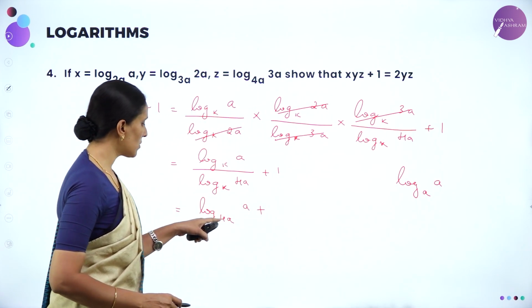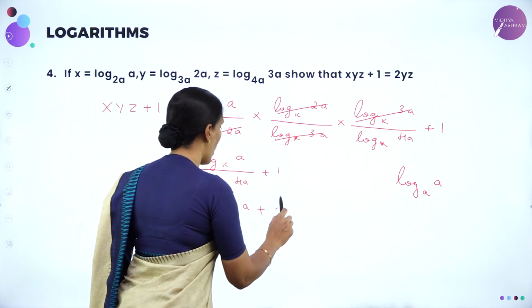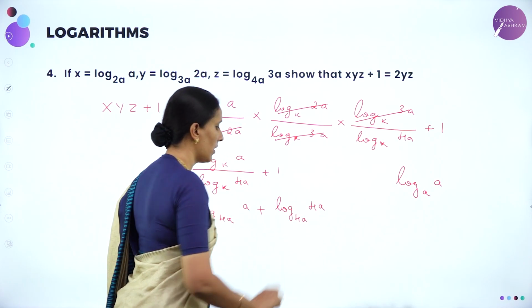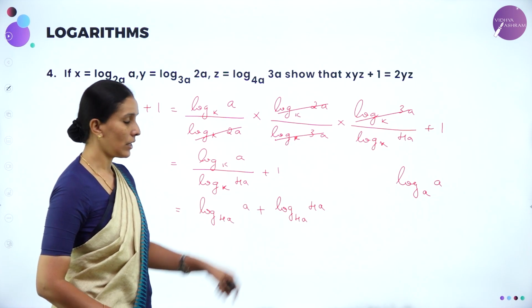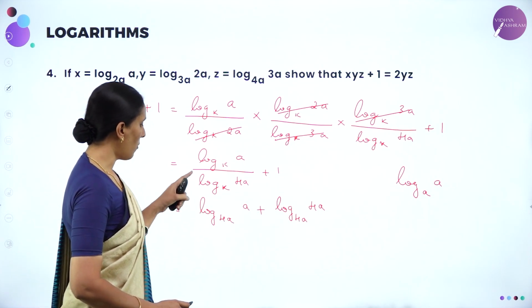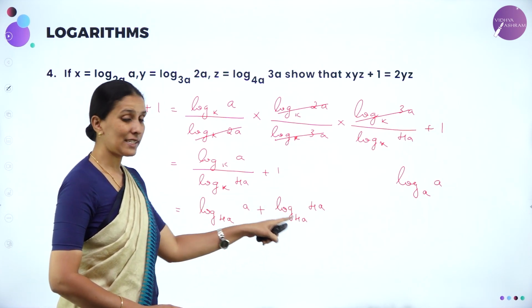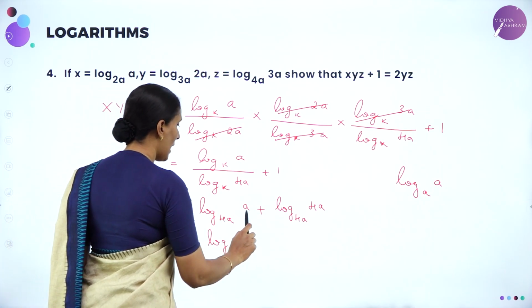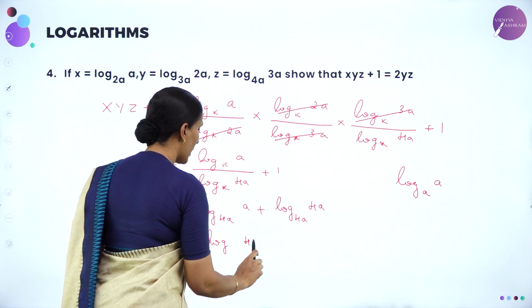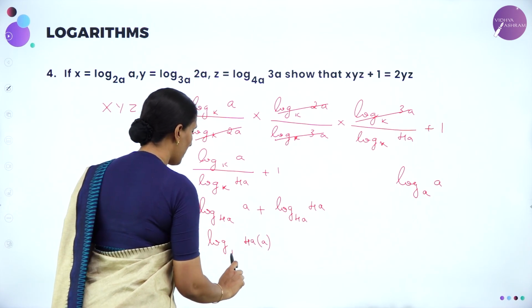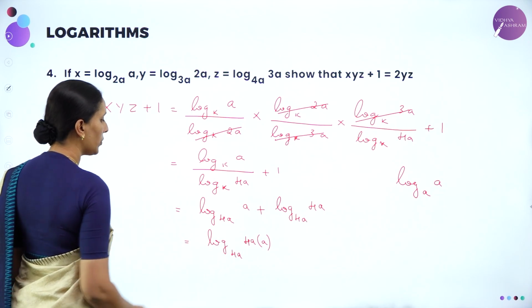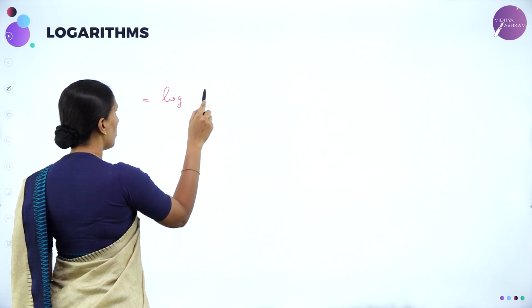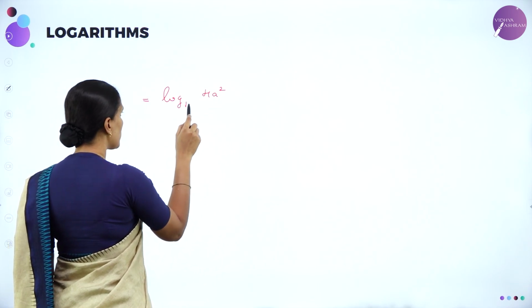So since the base is 4a here, I'll write 1 as log 4a to base 4a itself, because log 4a to base 4a is equal to 1. Now this is in the form of log m plus log n with the same base. So I can write this as log of m into n, which is 4a into a, to the base 4a. Now 4a into a becomes 4a square. So here, log 4a square to the base 4a.